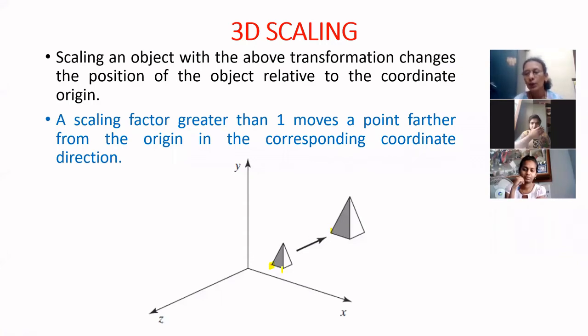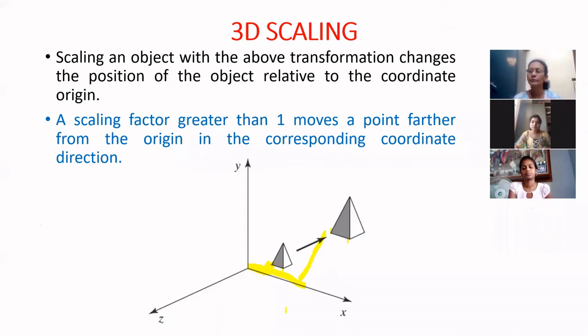The object is not only enlarged, but it has also changed the position. The distance from the origin with respect to the x-axis is only this, whereas for the scaled object, now it is this entire distance. Same way with respect to y. With y, it is only this, whereas now it has changed to this.